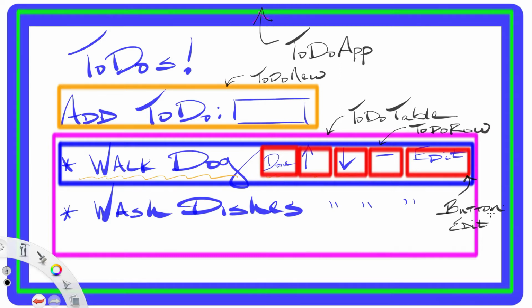So we have the button for edit, a button for delete, and the button for move down, and we'll just piggyback on this one, down and also up. I think there'll be two separate components.